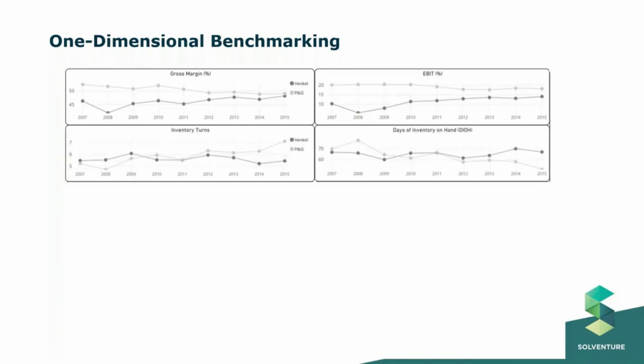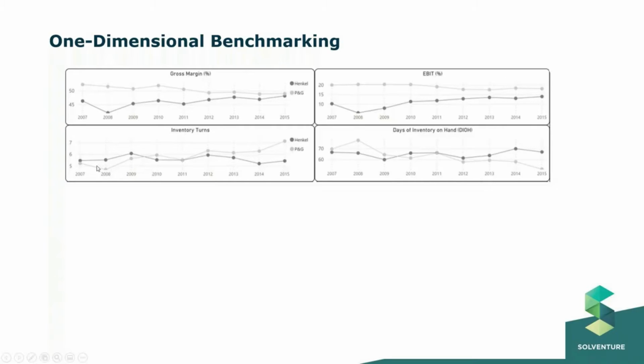Let's continue. Inventory turns and days of inventory on hand. What do we see here? If we start with Henkel, it has been going up and down a little bit, but inventory turns are now around 5.5.